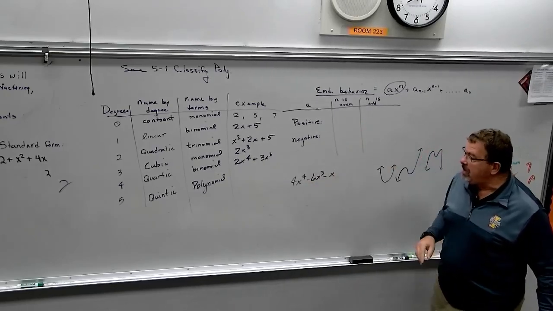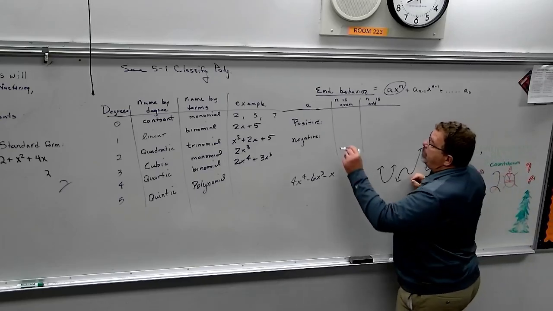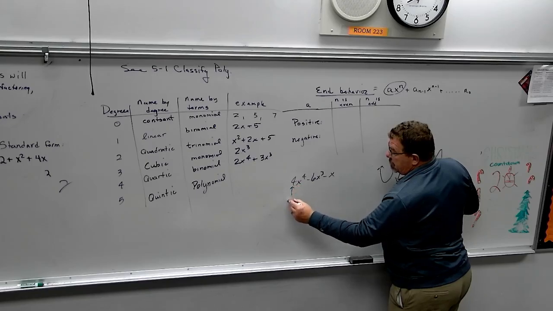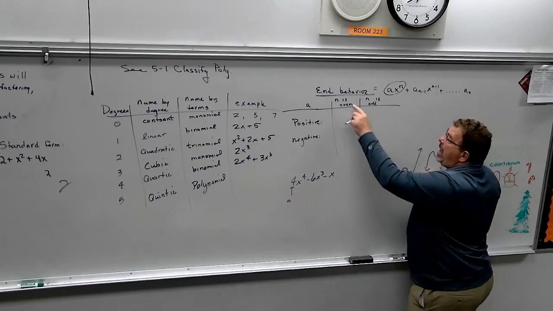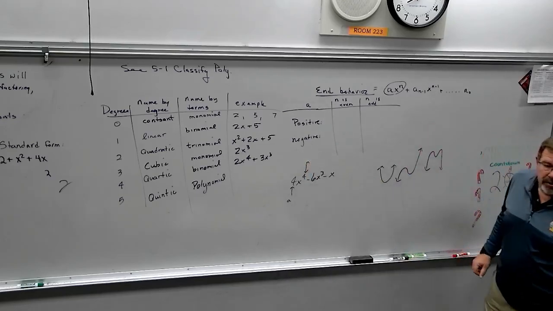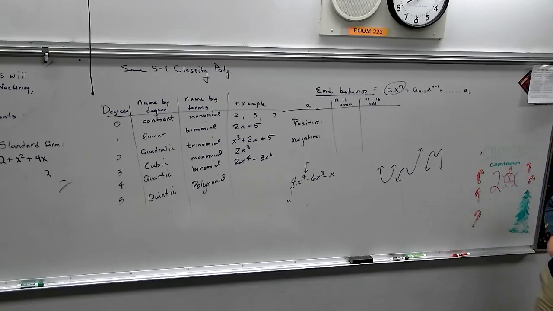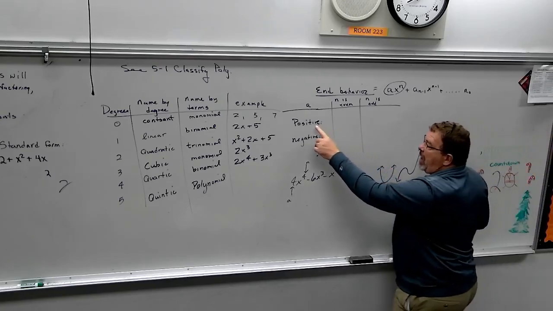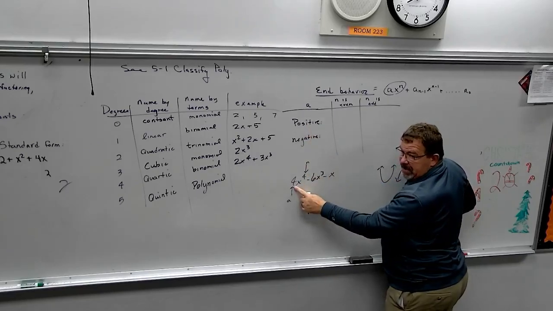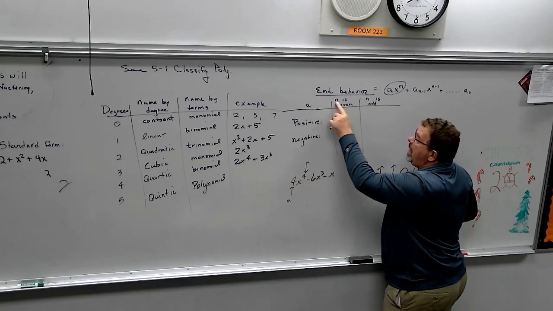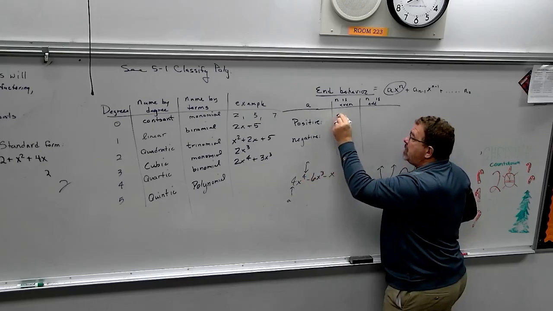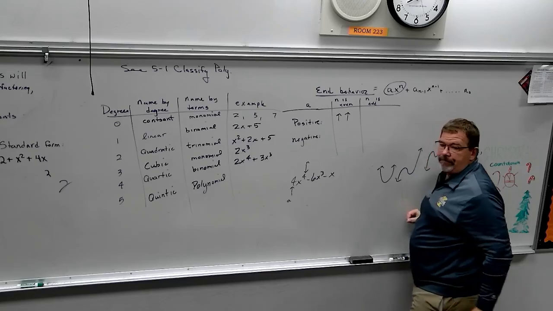Now let's talk about end behavior. Okay, notice that this is your A value. N is the exponent. That's all you look at. If A is positive, and N is even, you have an even exponent, your graph is going to go up, up.